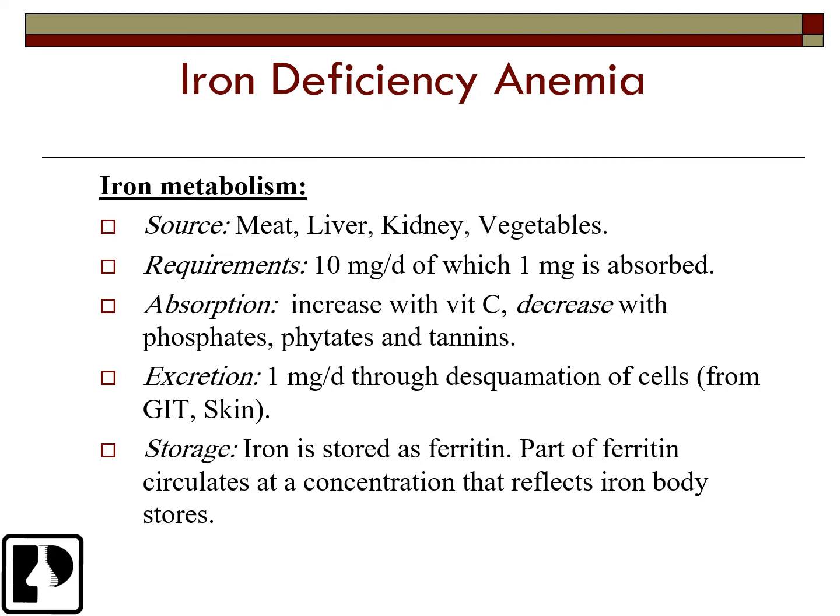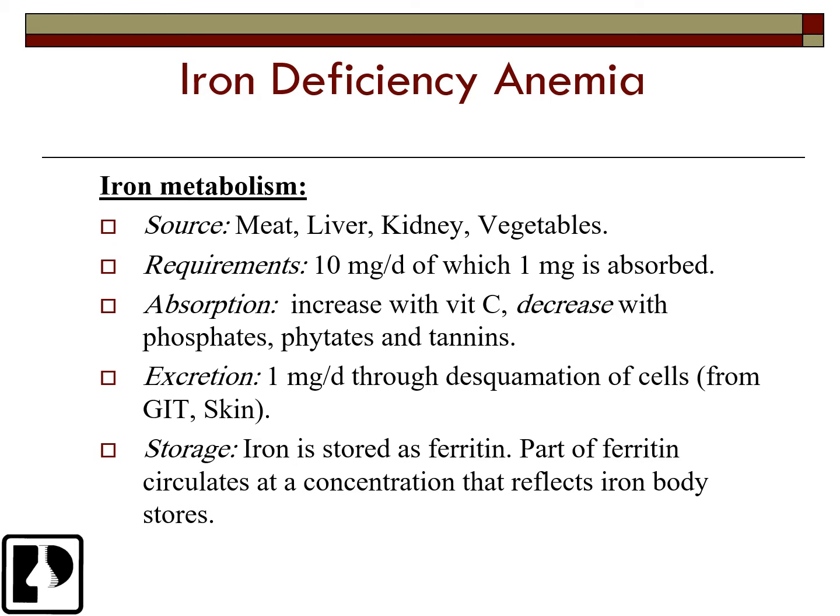The absorption is increased with vitamin C and decreased with phosphate, phytate, and tannin. So we advise the patient to take vitamin C with each meal to increase the absorption of iron, for example orange, tangerine, and lemon, and to avoid tea or black tea directly after the food.